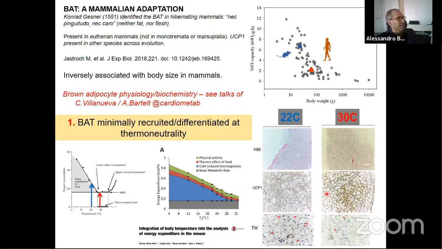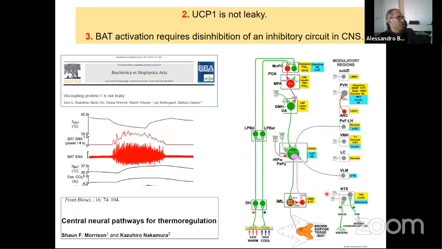This is the first important point about the brown adipose tissue. The other is that UCP1 is not leaky. It's not just a protein that discharges the proton gradient continuously if it's not needed. The brown adipose tissue is a very costly organ, and it requires an input. Where is this input coming from? Mostly from the brain. The brown adipose tissue is kept under constant inhibition by an inhibitory signal in the brain, mostly the dorsomedial hypothalamus and raphe pallidus, identified by Sean Morrison many years ago.